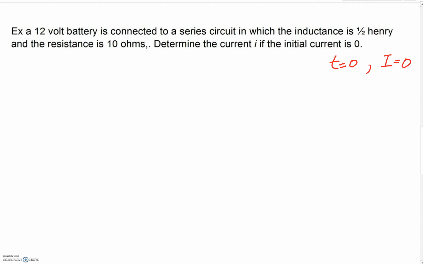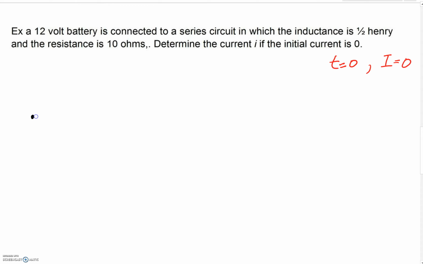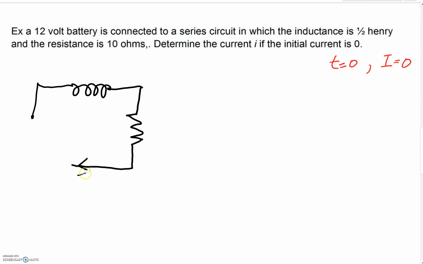And let's go ahead and draw ourselves a little circuit here. We're going to have an inductor. We're going to have this resistor. And our current's coming this way. We could say, hey, we're going to start with a 12-volt battery.